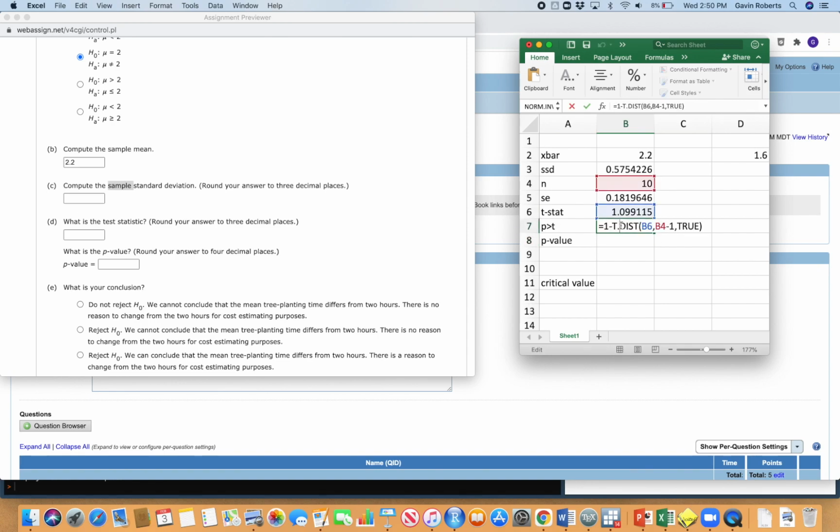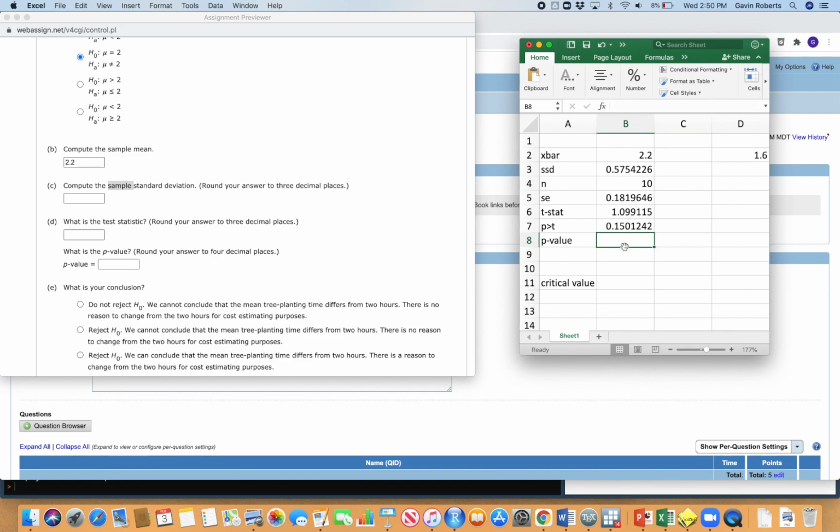Another way to do it is say, it's a symmetric distribution. So the probability of being to the left of the negative version of this number is the same as the probability of being to the right of the upper one. But you just have to be careful and think about that when you're calculating those probabilities if you're looking to the right, which we are in this case.